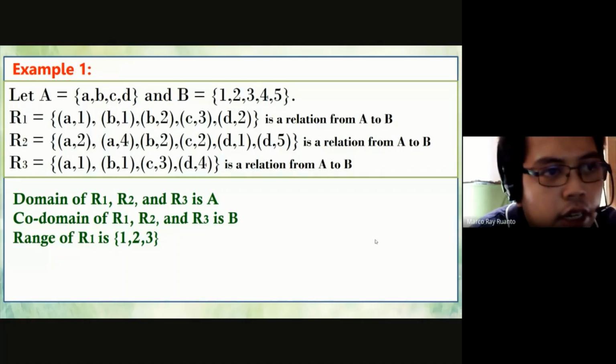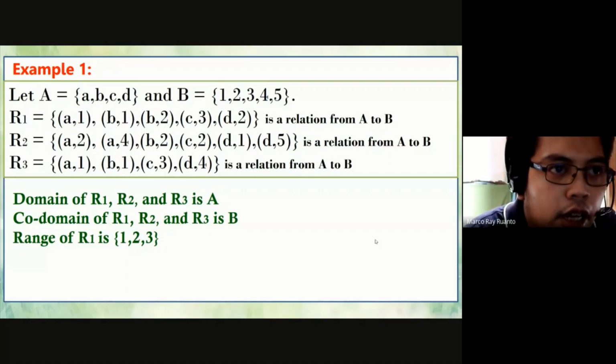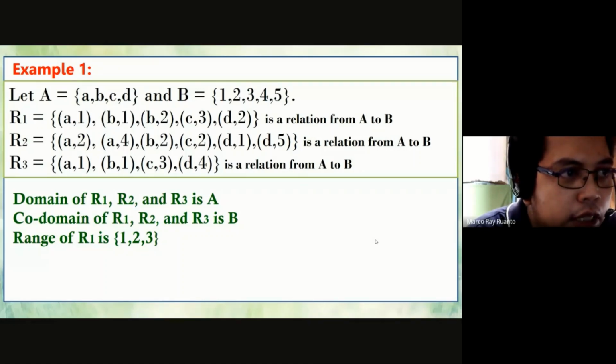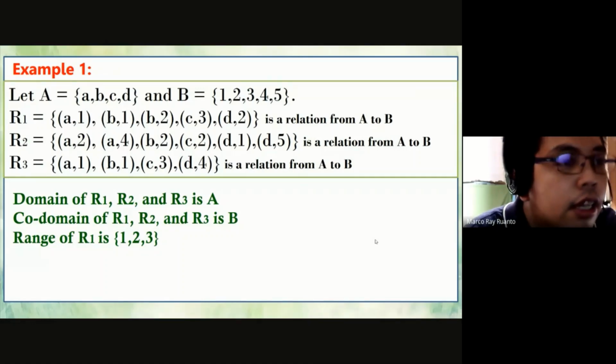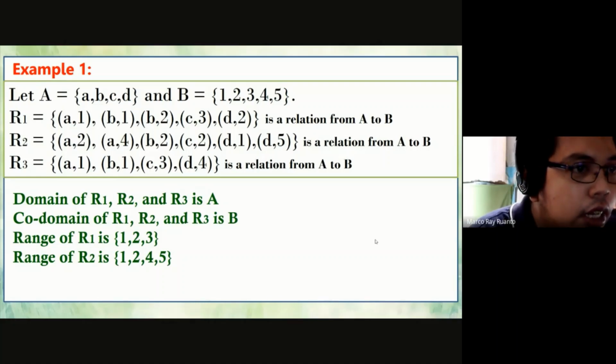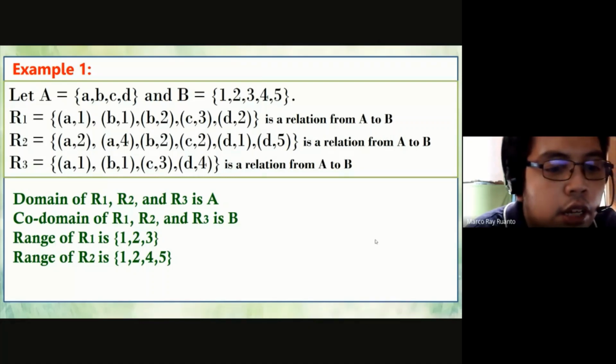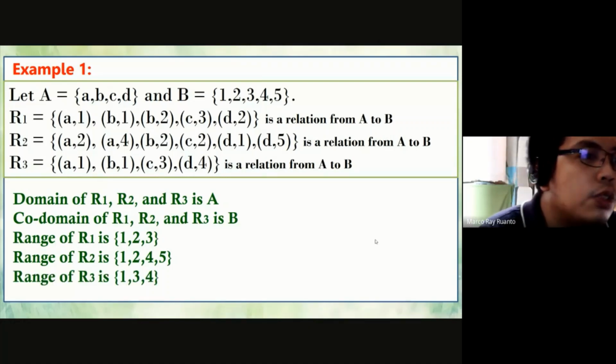You may arrange them in any order, as long as you have those elements, 2, 4, 1, and 5. That is the range for the second relation. For the third relation, we have 1, 3, and 4. So that is our range.